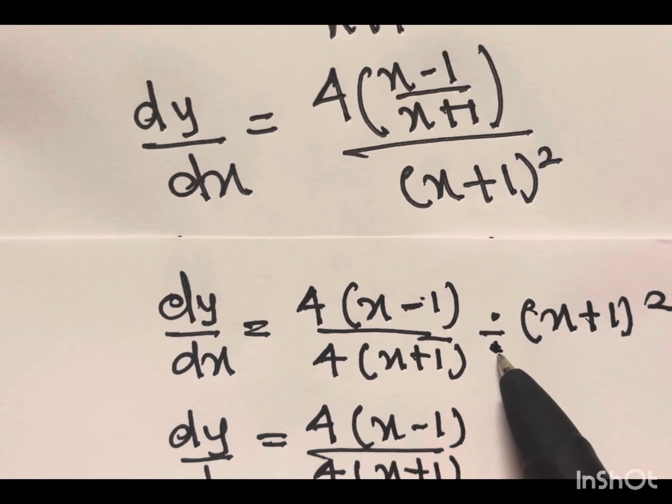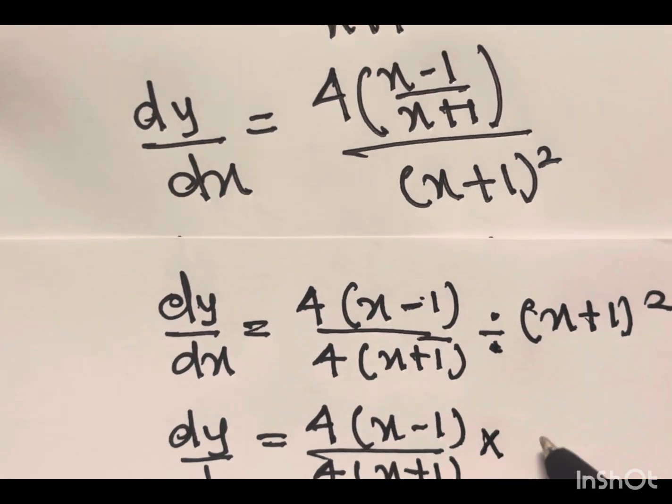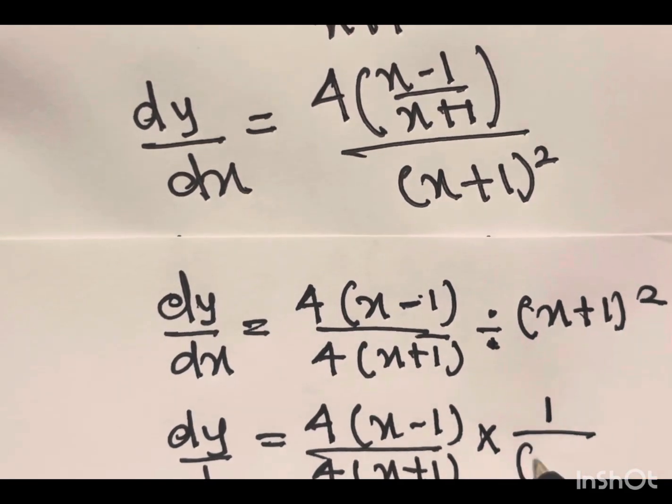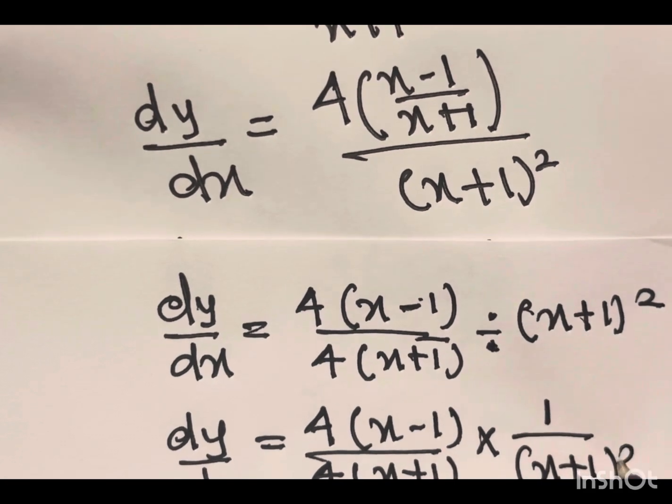We change this division to multiplication, giving 1 over (x plus 1) squared.